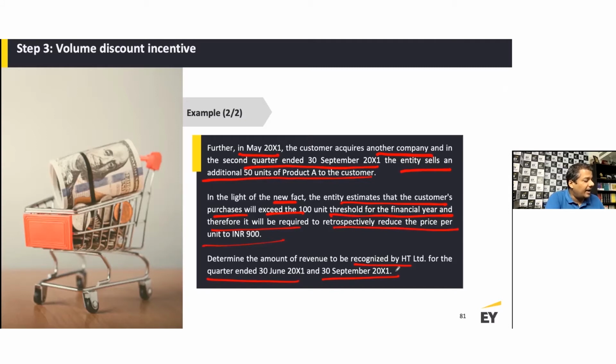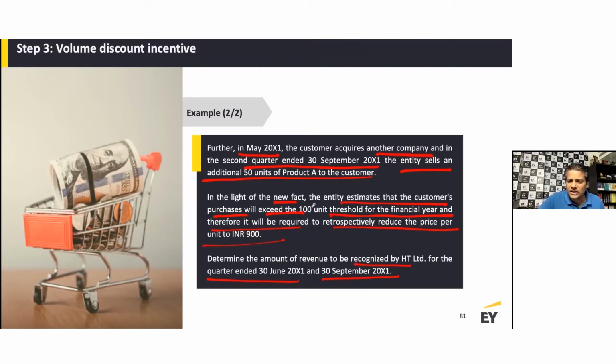So in a way, the customer purchased an entity in another company, and in the second quarter, I sold 50 more units. So there are more facts evolving here. Based on my experience and the acquisition, I now believe that we may exceed the threshold.